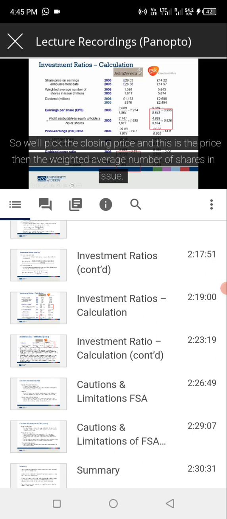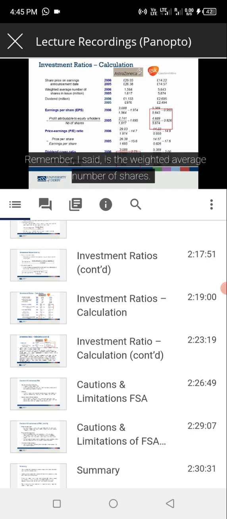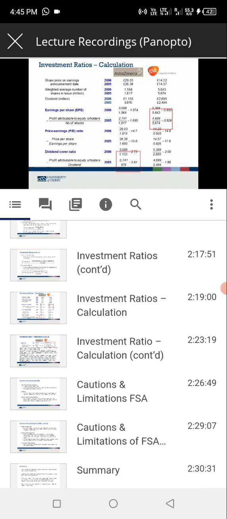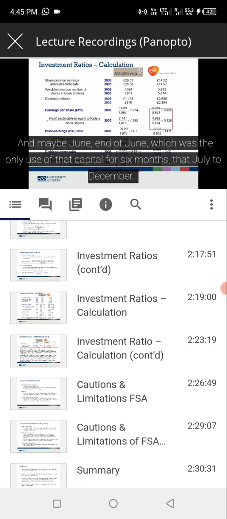Then the weighted average number of shares in issue. Remember I said, it is the weighted average number of shares. If you don't have the weighted average number of shares, you may not be able to calculate the earnings per share. Is that okay? Because if a company decides to issue shares during the year, in maybe end of June, which means they are only using that capital for what? 6 months.